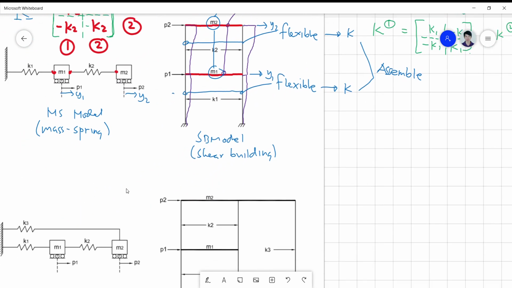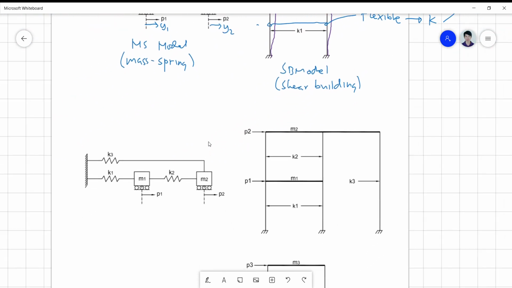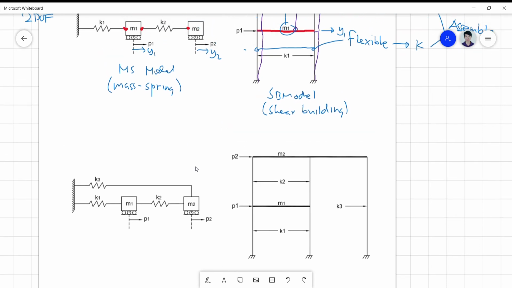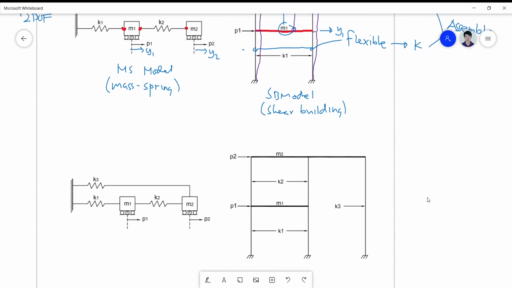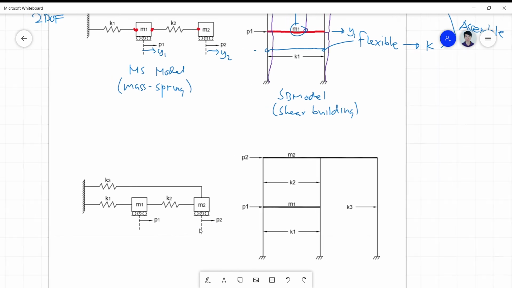Now, for a little bit complicated model like this one, we have another spring attached to the mass M2, which influences your coordinate Y2. Okay, so you have a coordinate Y2 here and Y1 here.